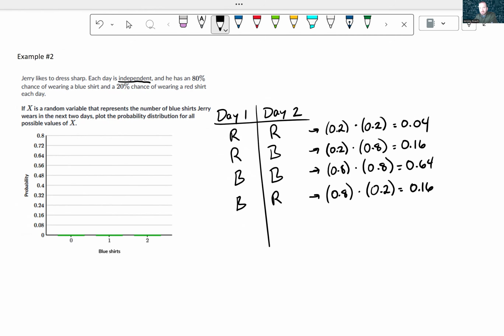Okay. Now we want to know 0 blue shirts, 1 blue shirt, and 2 blue shirts. So for 0 blue shirts, that would be, it's going to do this, say 0 blue shirts.